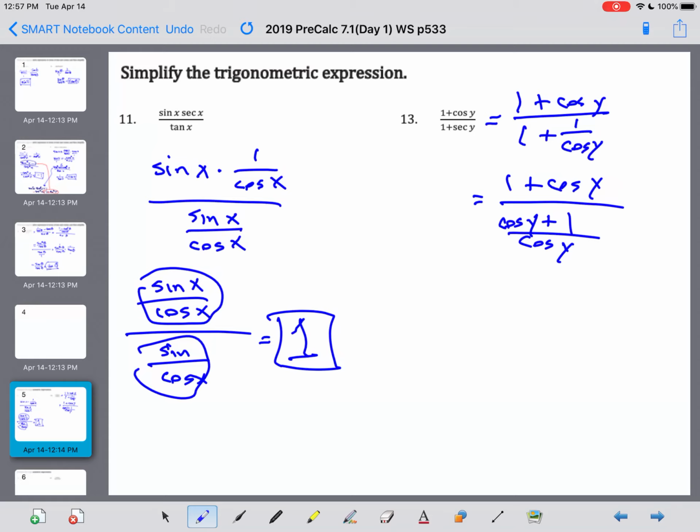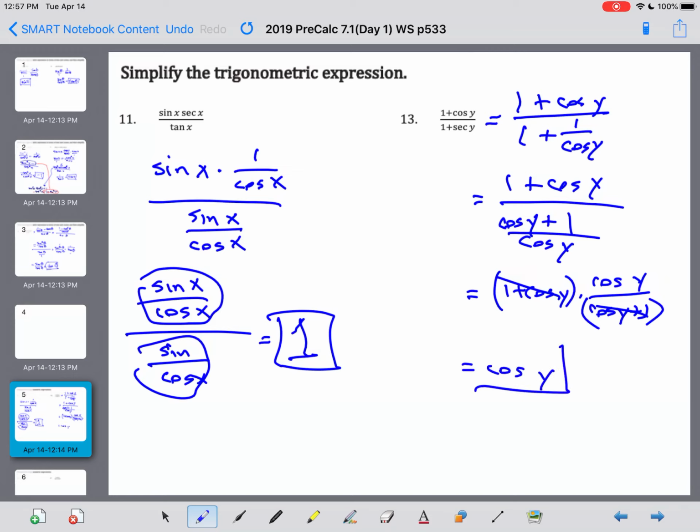Okay, and again, if I go ahead and do my tip and multiply, I get 1 plus cosine y. It's a binomial, so I want to put in parentheses, times cosine y over, these are the same, so I simply get cosine y.